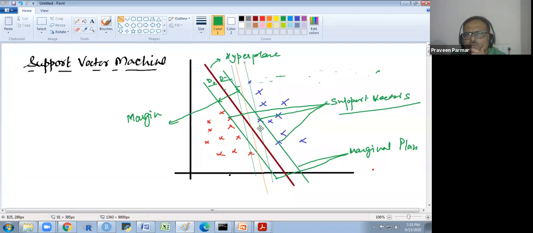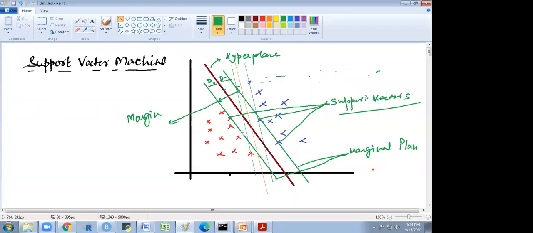So this margin is lower than this margin. We should have the distance between the two classes more and more, so we will select this one. Does that make sense to everyone? Yes, sir.